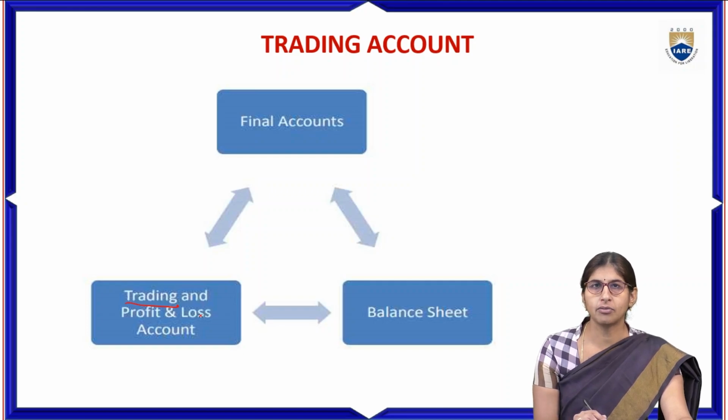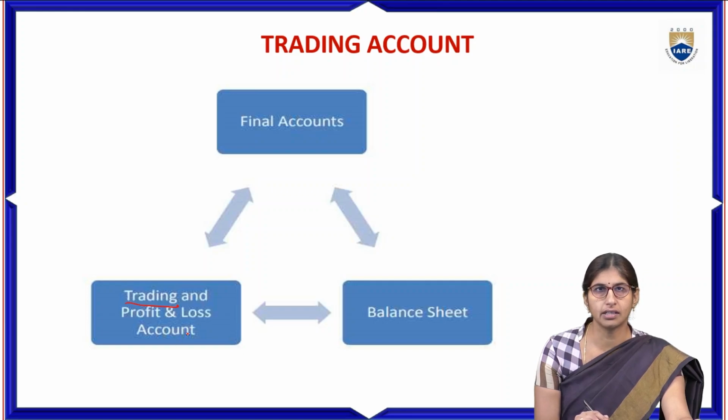So trading account majorly deals with the direct expenses of the manufacturing unit or of any organization. All the direct expenses are covered in the trading account, and all the indirect expenses and indirect incomes are going to be covered in the profit and loss account.